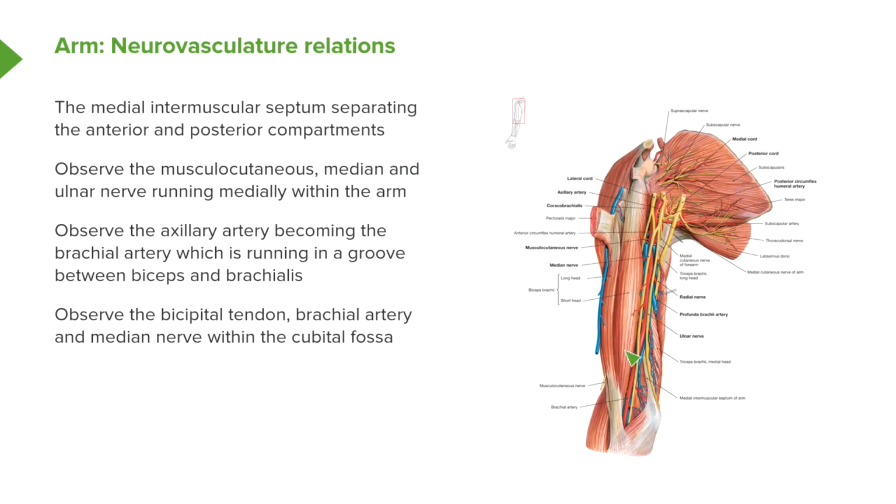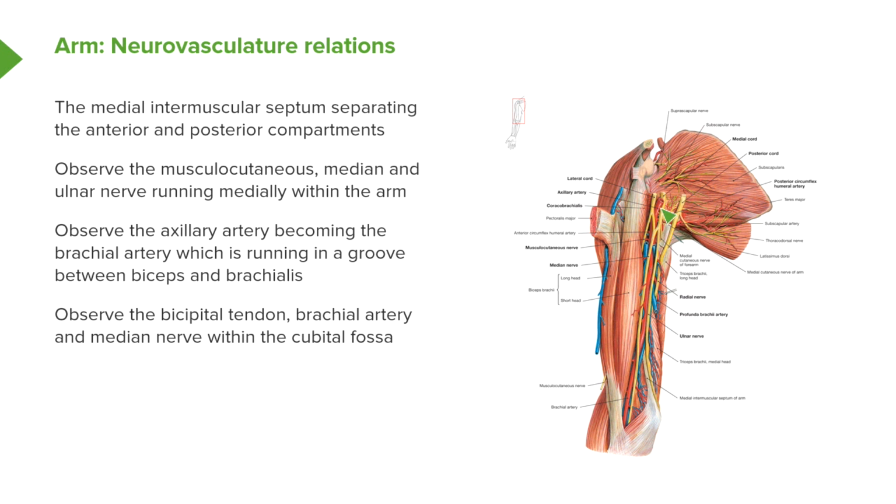We can see the musculocutaneous nerve once again, the median nerve, and the ulnar nerve, and these are running down the medial aspect of the arm. We can also see here the medial intermuscular septum of the arm, and remember, that's separating the anterior compartment from the posterior compartment.